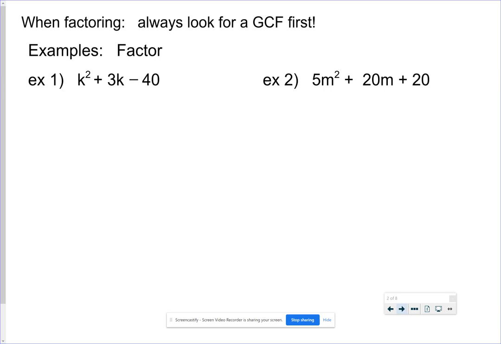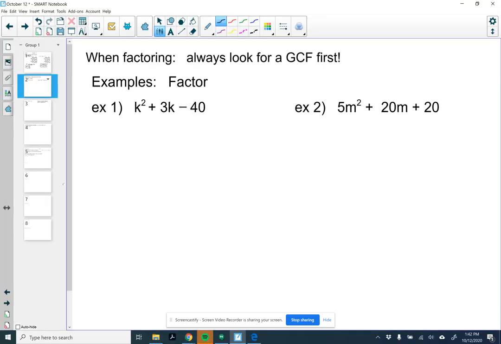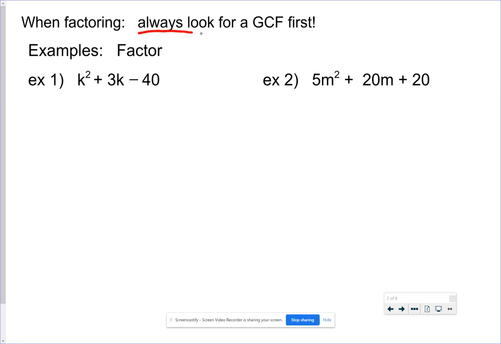Some reminders about factoring. When you're factoring, always look for the GCF first. So I'm going to do these two examples, and example 1, there's a 1 in front here. There's a GCF of 1, so we don't have to factor out a GCF.